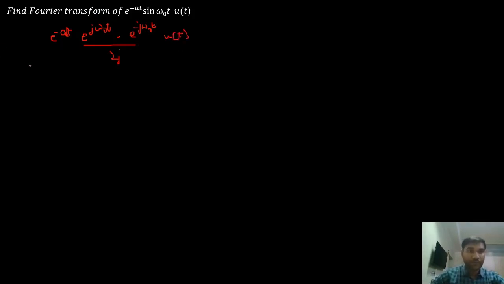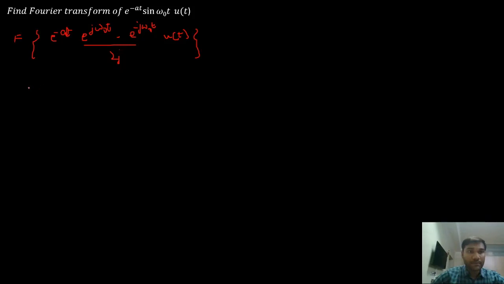Now let me simplify, let me separate these things. So now I can write it as Fourier. If I take a Fourier transform of the above function, how can I write it?